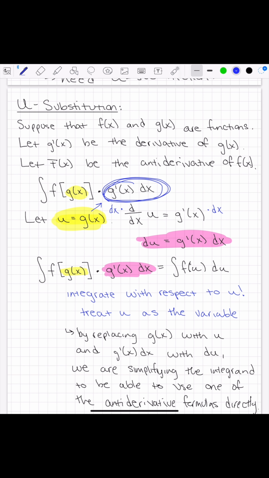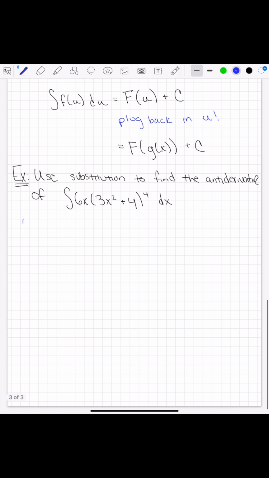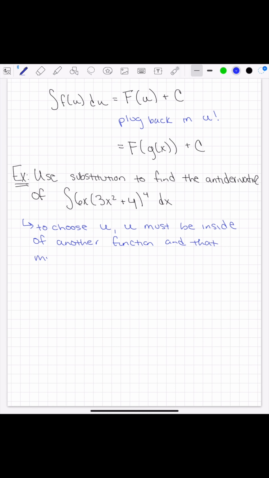So basically, to choose u, u must be inside of another function, and that must be multiplied by du, which is the derivative times dx.